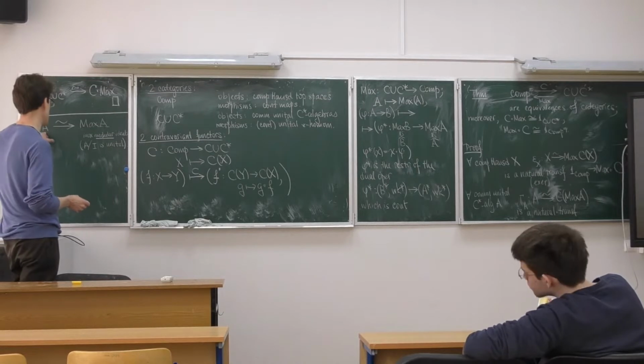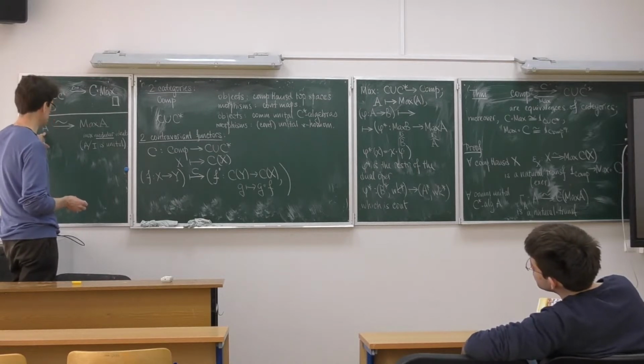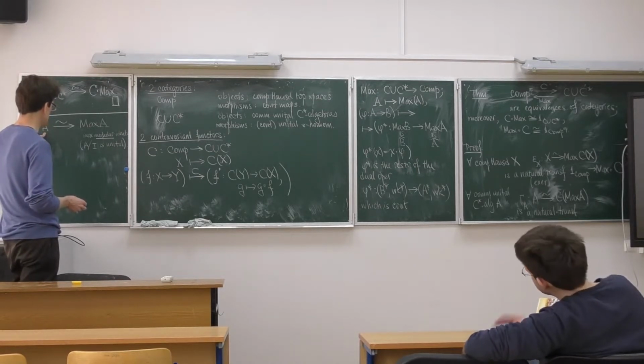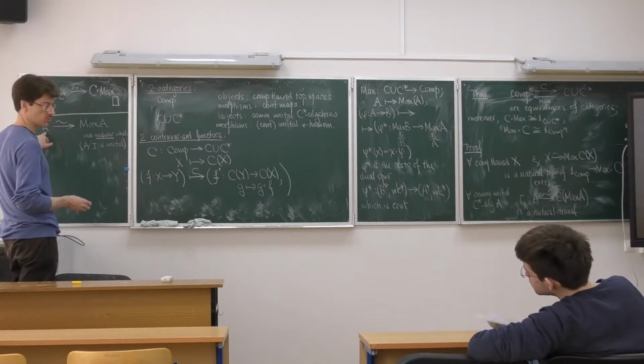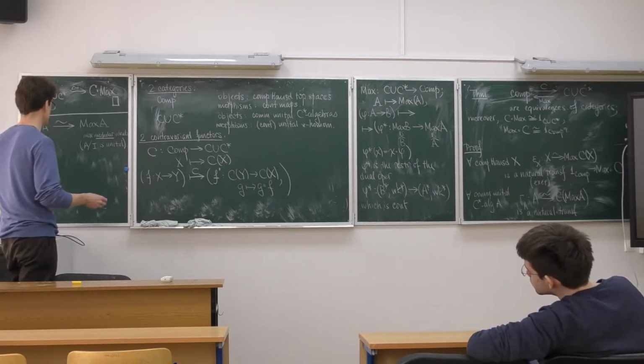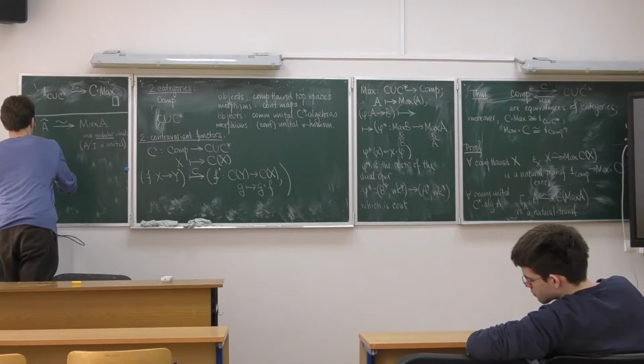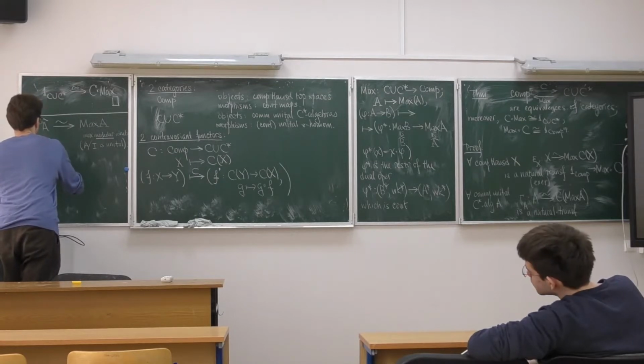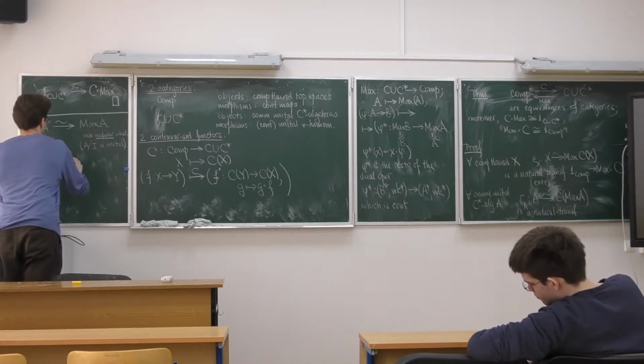Next, we topologize A hat in the same way as in the unital case. But in contrast to the unital case, it is no longer compact, it is only locally compact and Hausdorff.